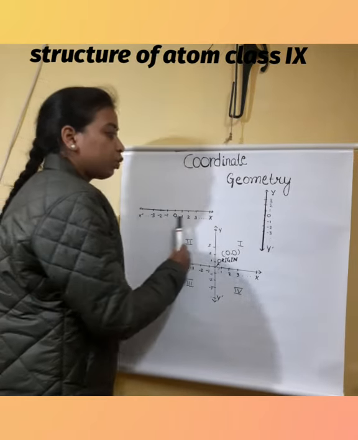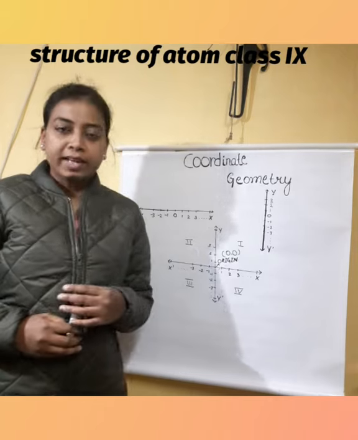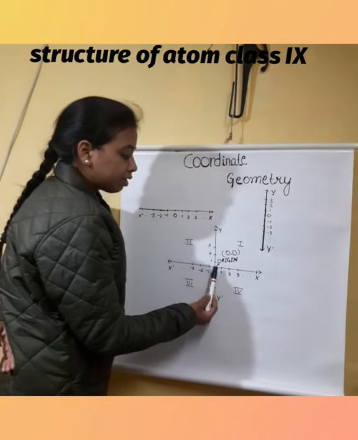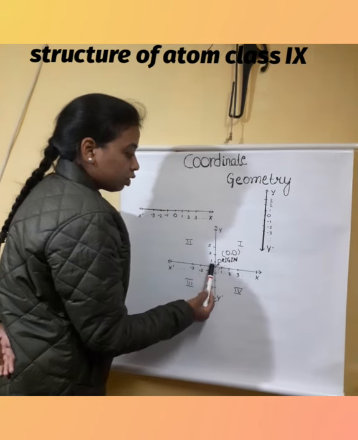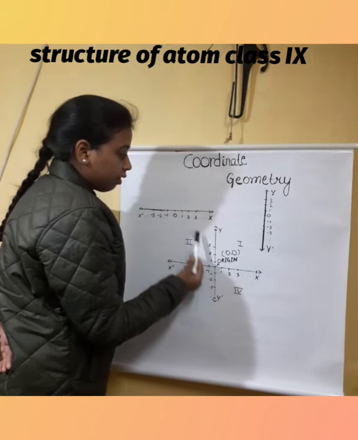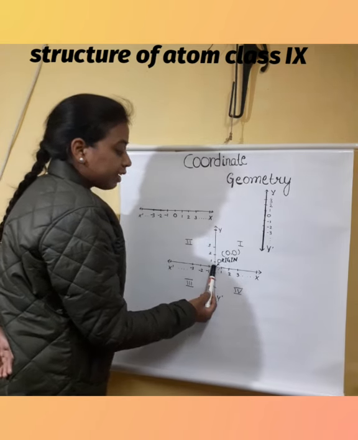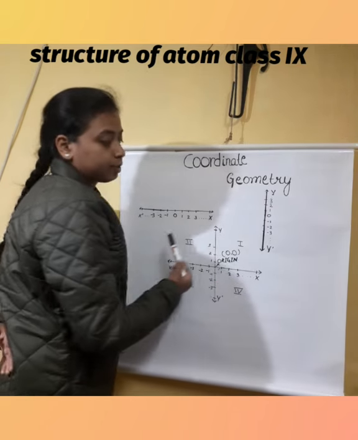So we studied two types of number line. When we place this number line 0 upon 0, coinciding the zeros, we get the coordinate axis.